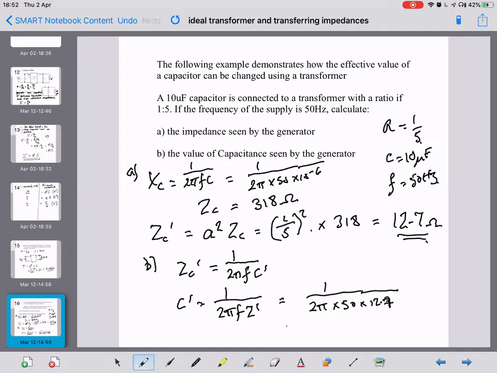I got 250 micro. 250 microfarads. So this step up transformer will make this capacitor look 25 times bigger in terms of farads than it actually is.